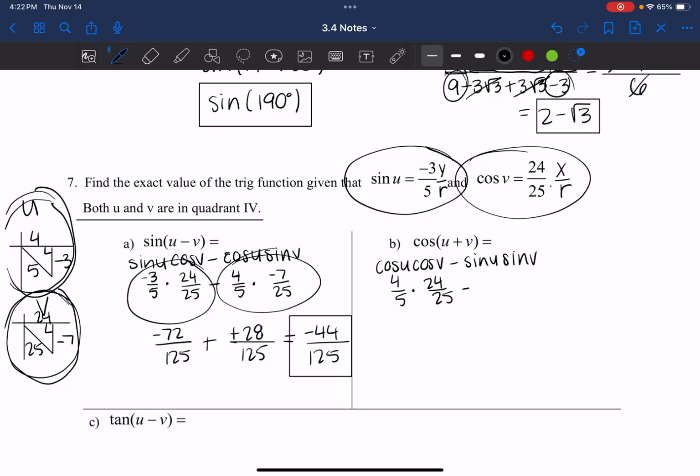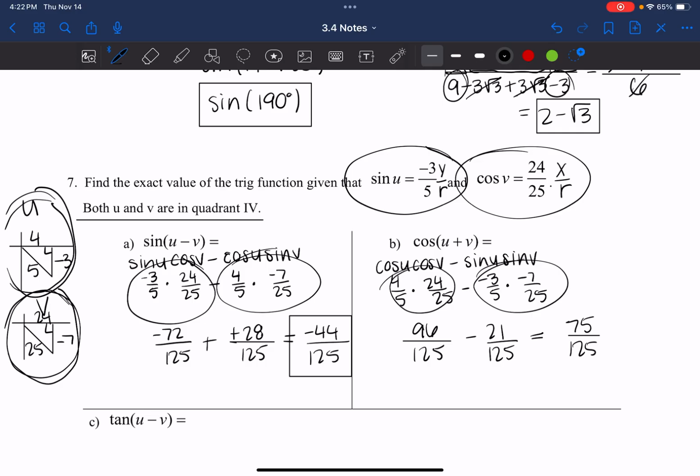Minus sine of u from the first triangle is negative 3 over 5, times sine of v from the second triangle, which is negative 7 over 25. All right, so we multiply these fractions and we get 96 over 125 minus, over here, I'll get 21 over 125, and 96 minus 21 is 75 over 125. Now, unlike our last problem, 75 over 125 should simplify down. It's going to simplify down to 3/5.